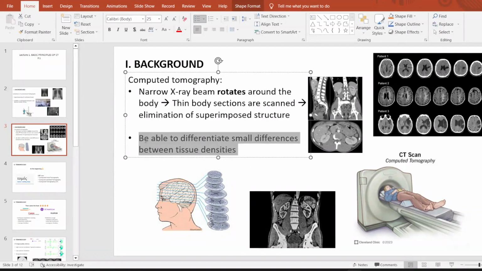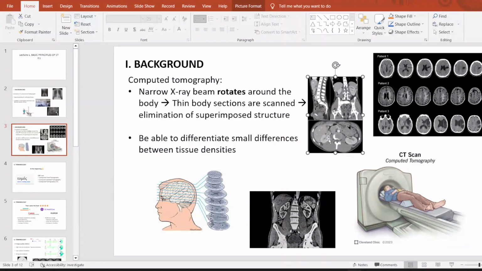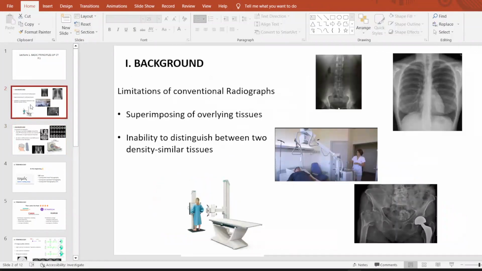And the second benefit that CT brings to humans is the ability to differentiate small differences between tissue densities. You can see right here the images of the patient's body. And the image quality, sometimes I call it IQ in short, the IQ of CT images is now completely outstanding compared to the previous one on this slide.